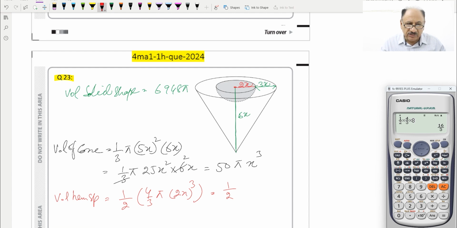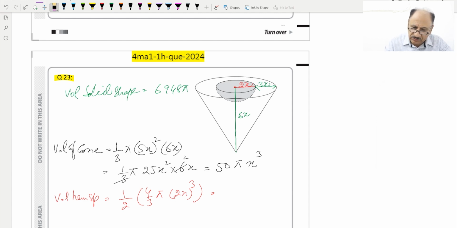This is equal to 16 by 3, so 16 by 3 x cube.